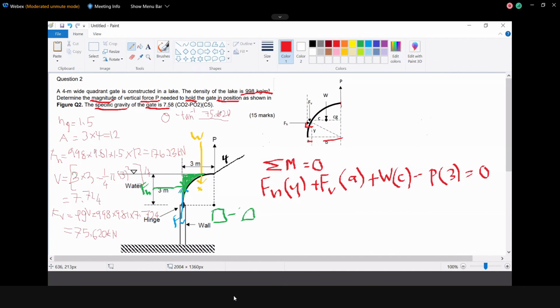Ni kena tukar kepada Newton. Dia kena sama atas bawah unit dia. 176.23. So to be safe, you tukar kepada Newton lah, darab 10 kuasa 3. Kita kena guna standard unit without the prefix. So berapa angle?